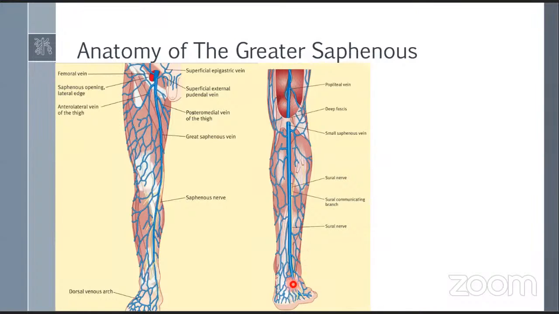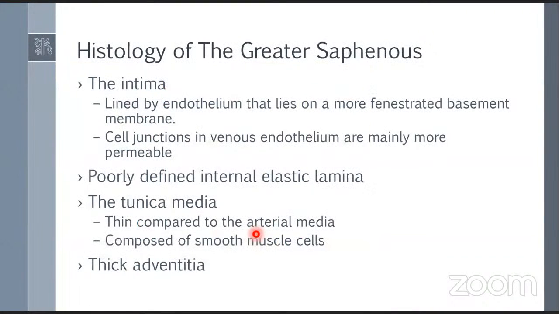The lesser saphenous vein starts from the lateral aspect, posterior to the lateral malleolus, goes all the way up the midline on the posterior wall of the lower limb until it goes into the gluteal region, where it goes deeper past the deep fascia. Histologically, the saphenous vein, its intima, is lined by an endothelium that lies on a more fenestrated basement membrane.